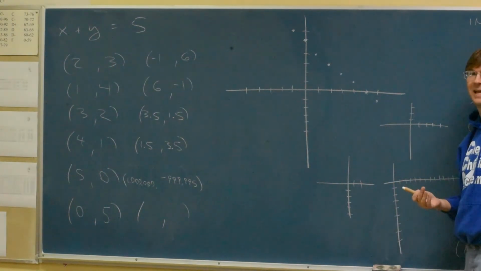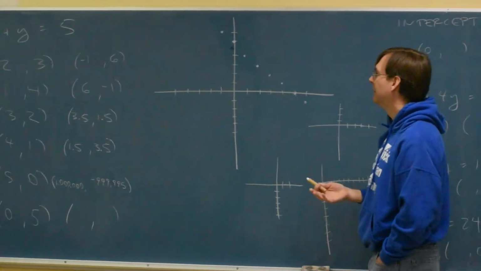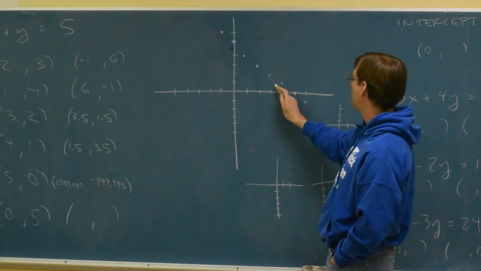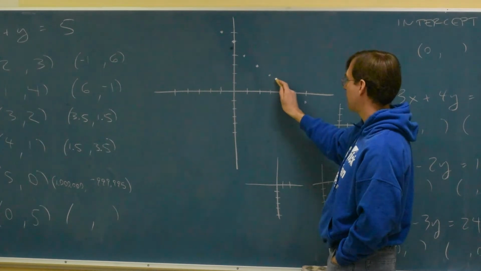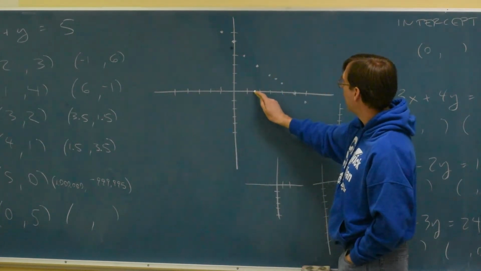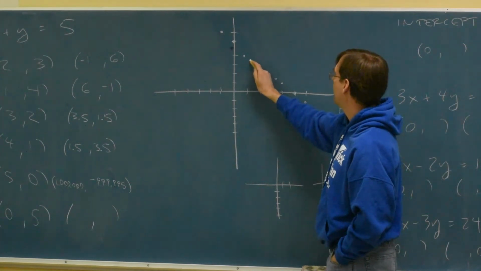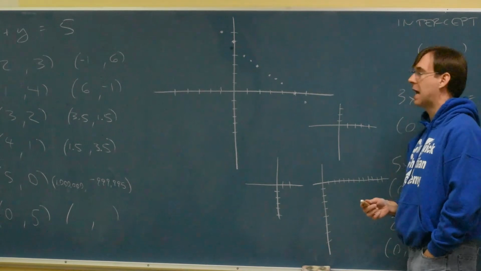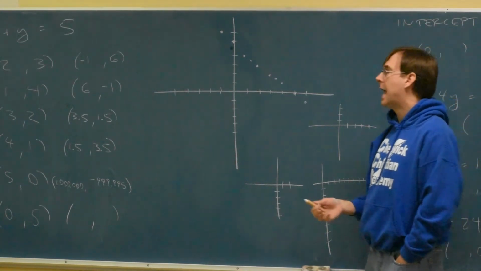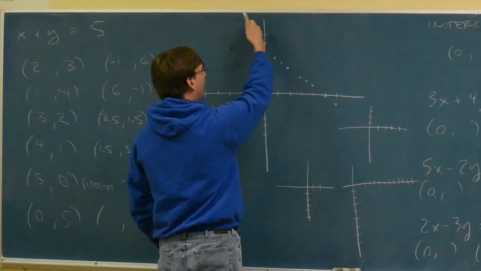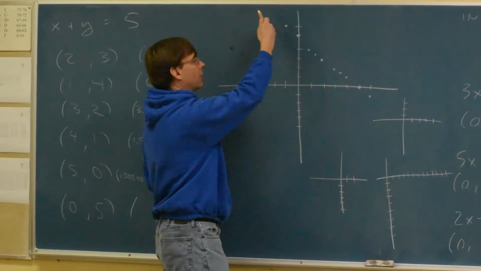And you're probably sensing a trend here a long time ago. Okay, 3.5, 1.5 would be over 3.5 squares, up 1.5 squares. 1.5, 3.5 would go over 1.5 and up 3.5. And you probably are realizing now, especially if I had graph paper, anything that you could name me would end up in this line.